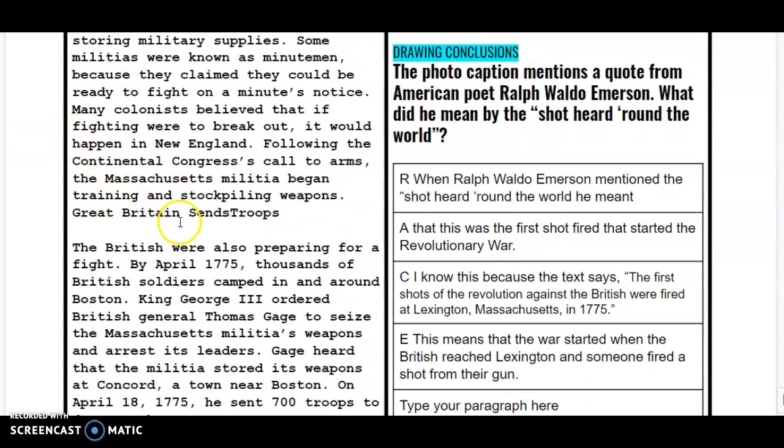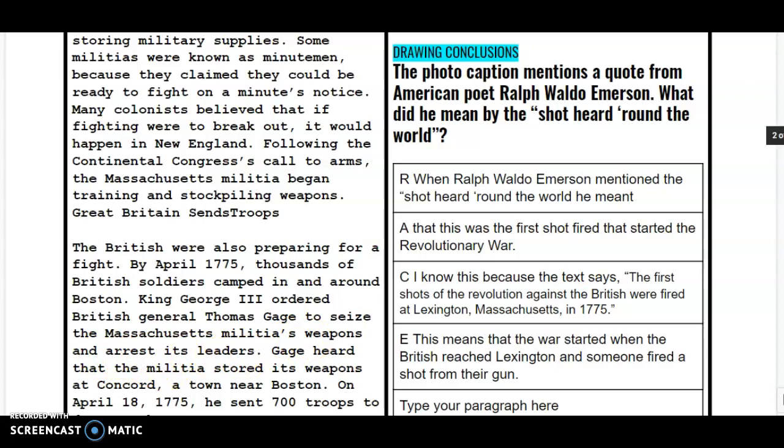So Great Britain sent its own troops. So the British were also preparing for a fight. By April 1775, thousands of British soldiers camped in and around Boston. King George III ordered British General Thomas Gage to seize, or to take, the Massachusetts militia's weapons and arrest its leaders.